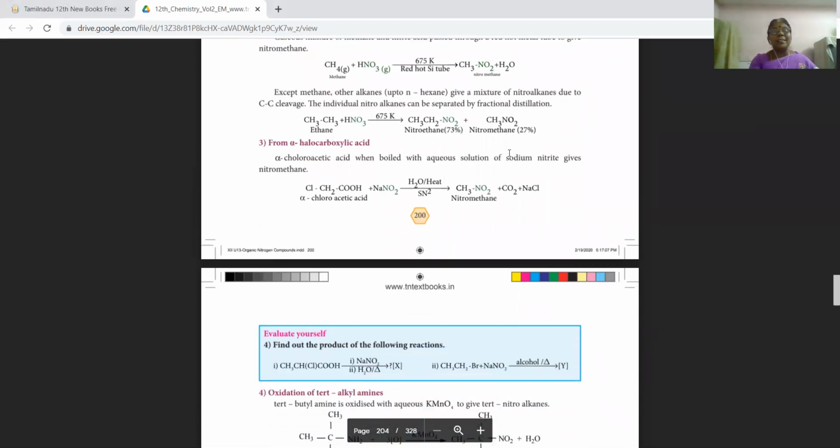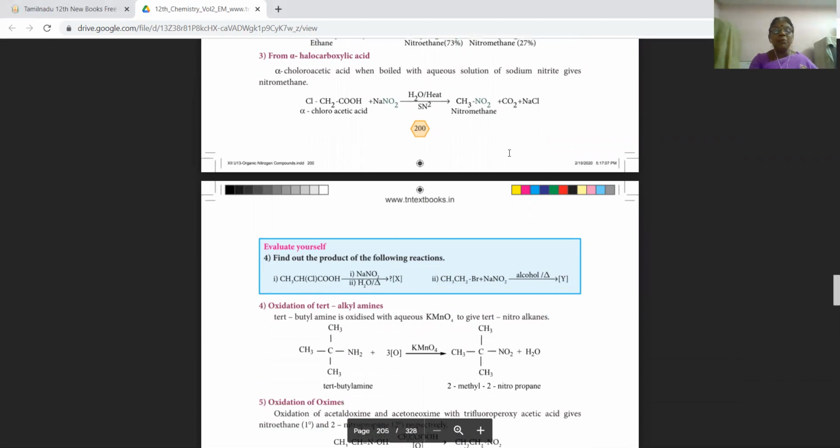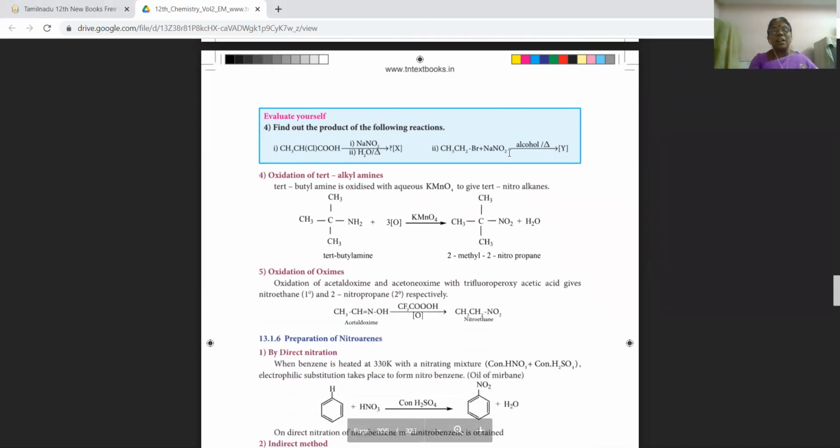Alpha chloroacetic acid, when boiled with an aqueous solution of sodium nitrite, gives nitromethane. That is ClCH2COOH, alpha chloroacetic acid, treated with NaNO2, sodium nitrite, gives nitromethane, carbon dioxide, and sodium chloride.